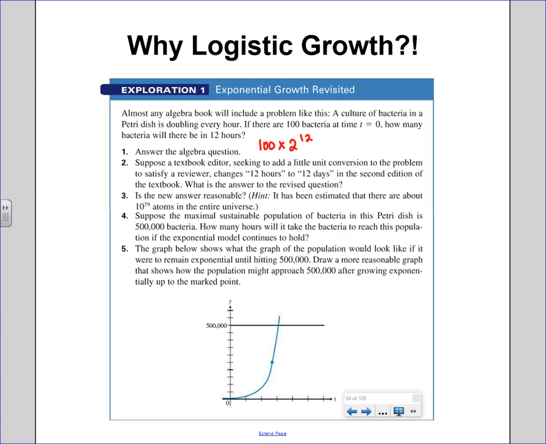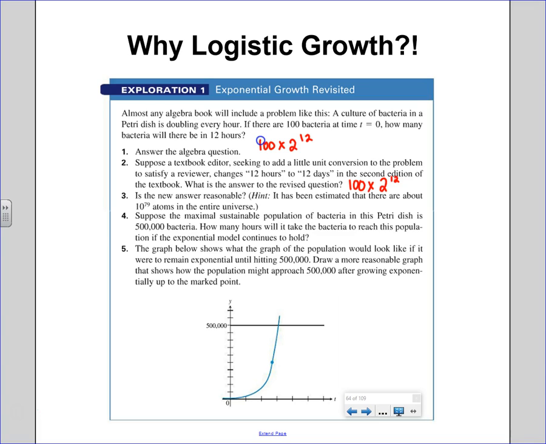Suppose a textbook editor seeking to add a little unit conversion to the problem to satisfy a reviewer changes 12 hours to 12 days. What would be the answer to the revised question? In 12 days, times 2 to the 12?